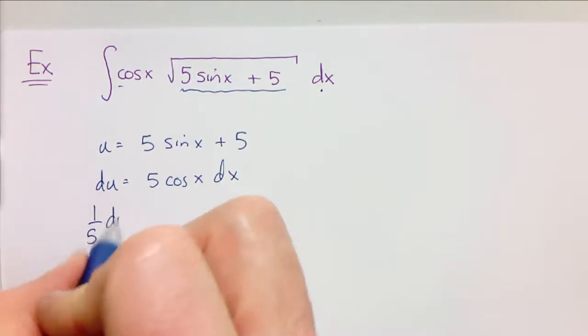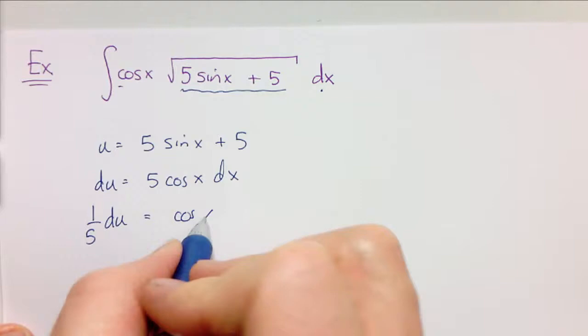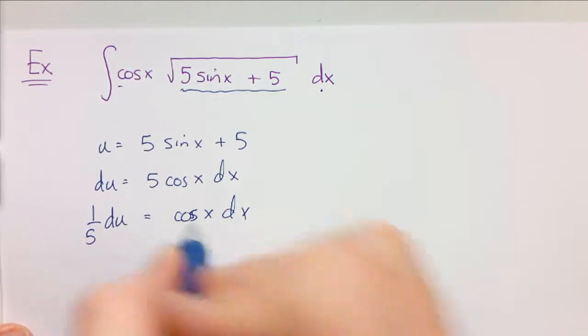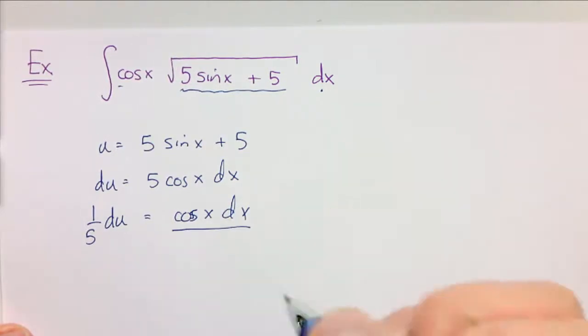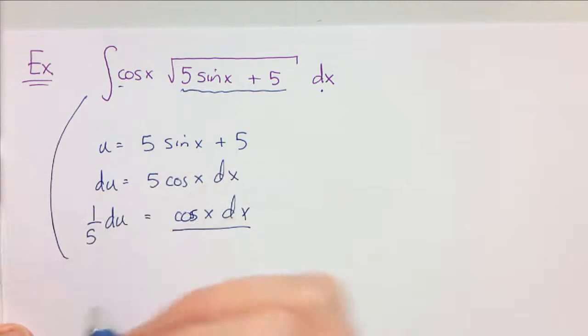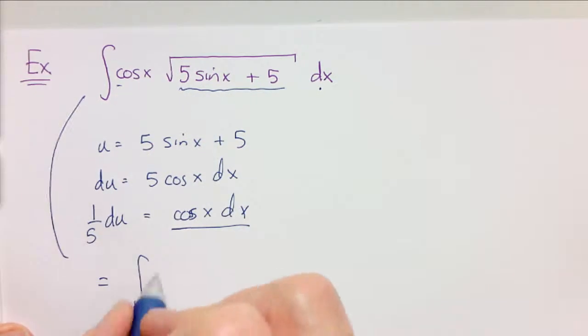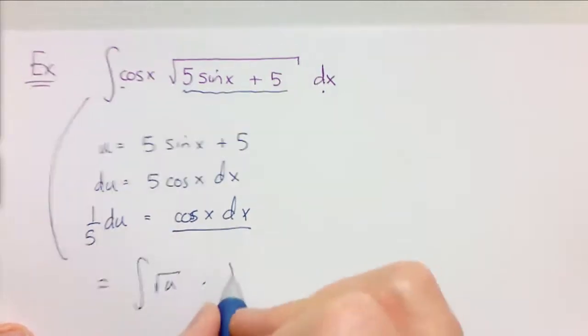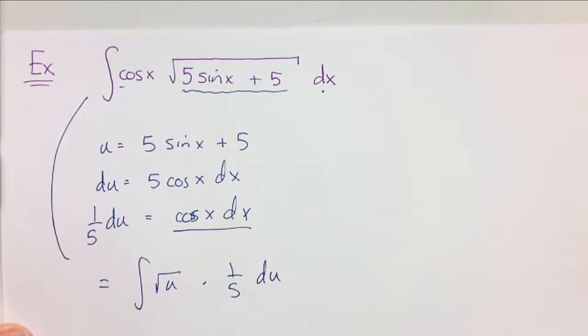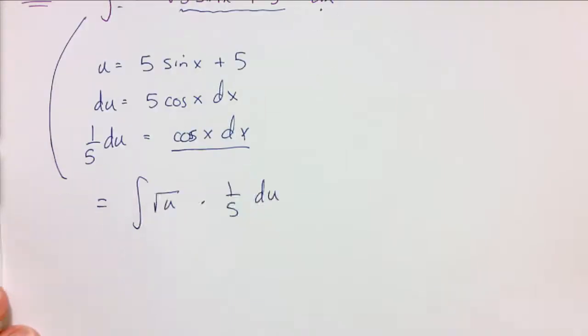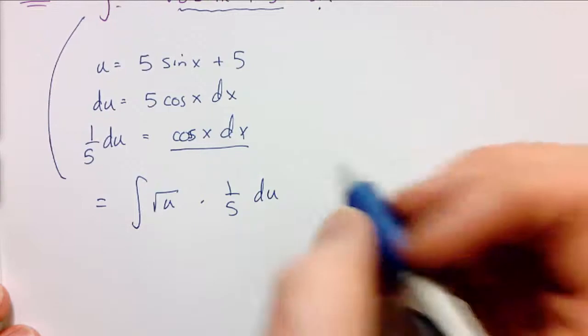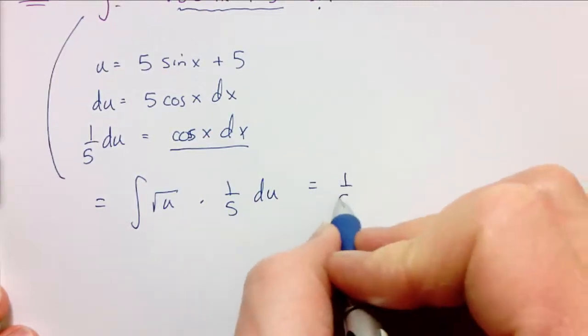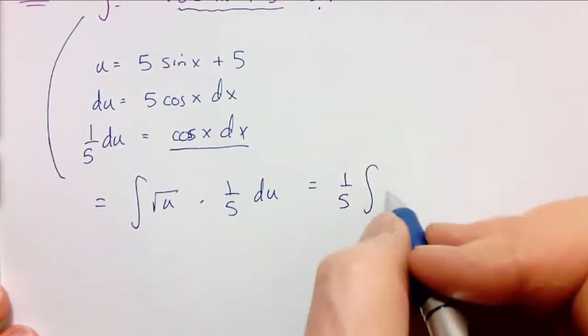We multiply both sides by 1/5. And now we're good. 1/5 du is exactly the piece that I need. So I can rewrite this as the square root of u times 1/5 du. The 1/5 I can bring out front. In fact, I'm going to write it all the way outside the integral symbol because it's just along for the ride.